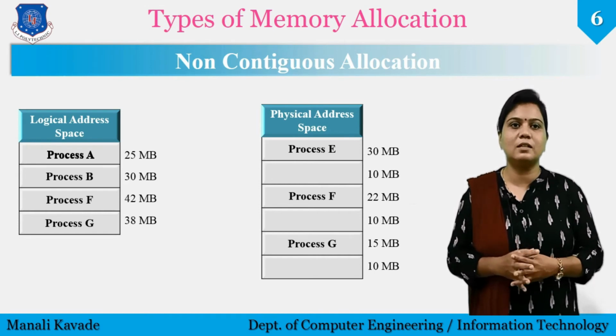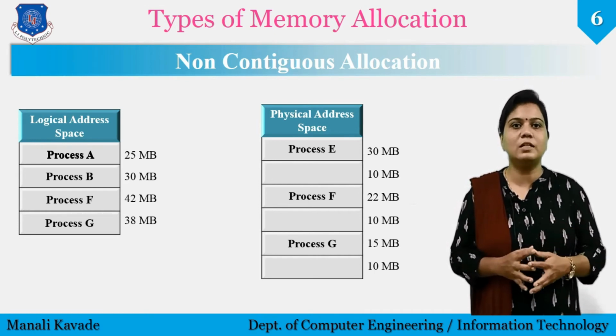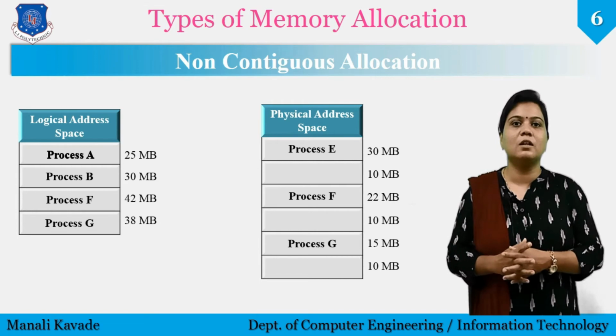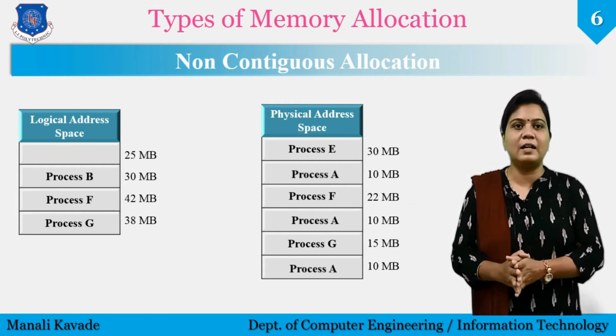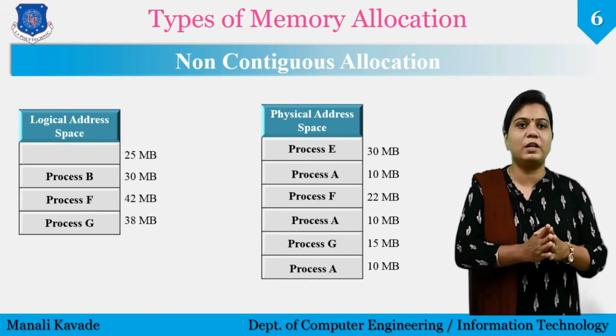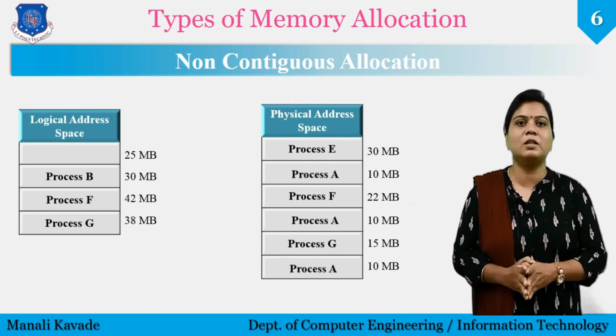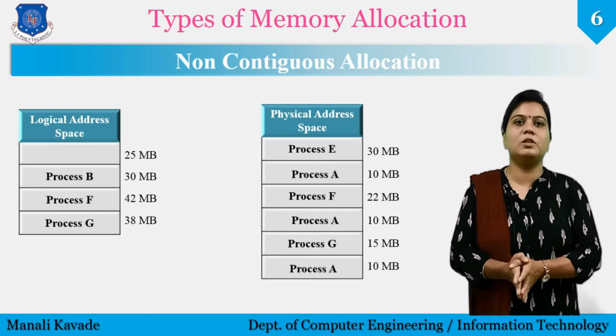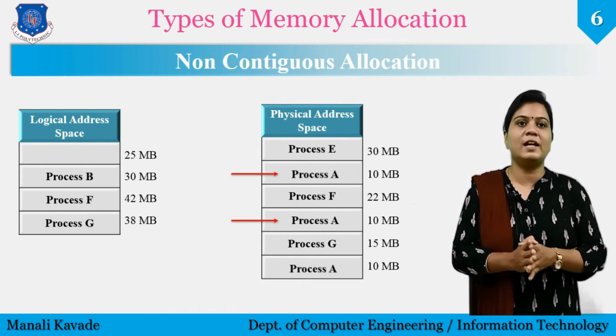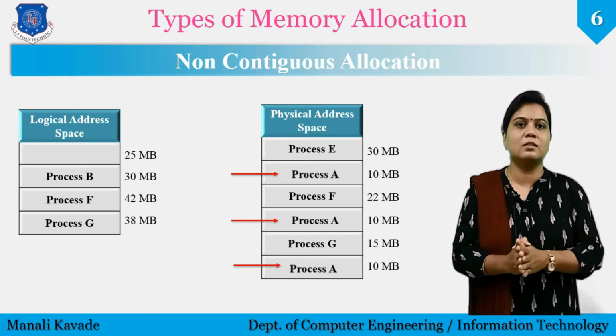So in this case, process A, which needs 25 MB of space, will be divided into 3 parts, and each part is allocated to a separate chunk of free physical memory, which means it will be allocated to partition number 2, partition number 4 and partition number 6.